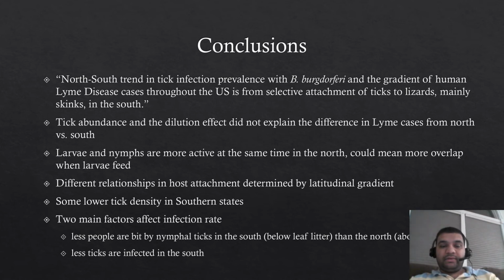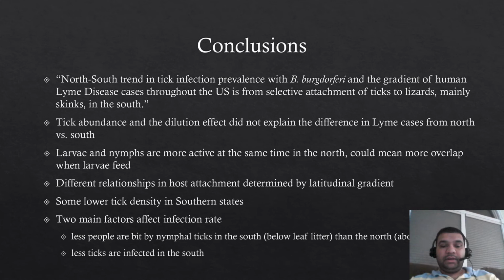So that was our first results slide, looking at whether there is anything specific about where the ticks are, or why there are more in the north versus the south. They also found that the larvae and nymphs are more active in the north during the same season, which could have contributed to an increased amount of infection. They found there were two factors affecting infection rates.